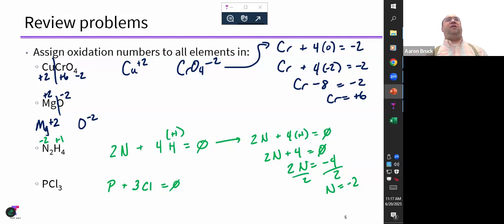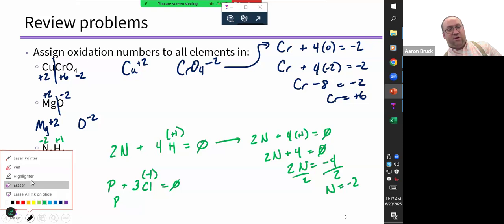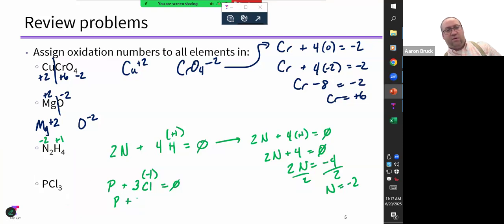Chlorine is going to be the more likely negative charge, so we're going to give it its negative charge. So phosphorus + 3 times -1 is 0. Phosphorus - 3 is equal to 0, so phosphorus must be +3.